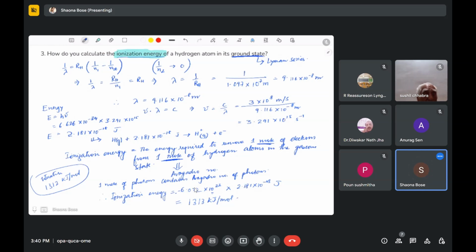Is that okay? So I'm just writing the discrepancy: rounded off Avogadro number, just capital N.